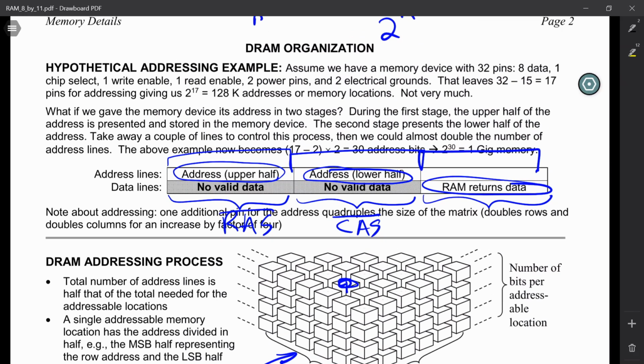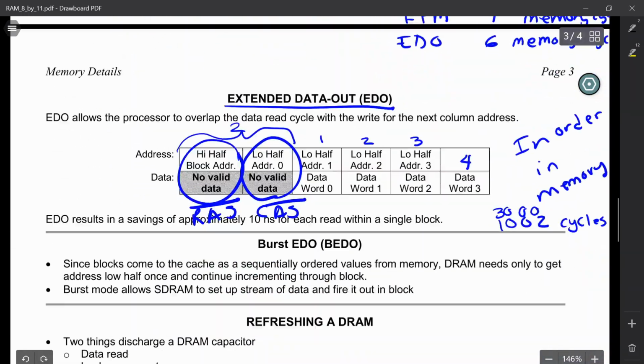Each one of these periods or memory cycles is actually dependent on a delay, how long the memory requires in order to provide that. There's basically a minimum amount of time that we need to provide the row, a minimum amount of time that we need to provide the column, a minimum amount of time that the data is going to be available, or a pause, for example, that we have to wait for data to become available on our memory.